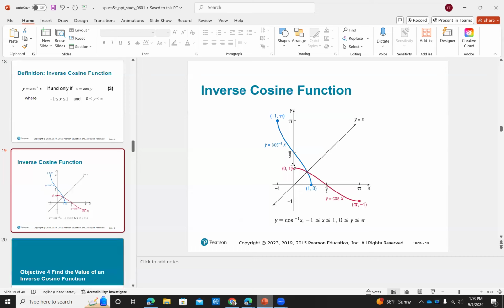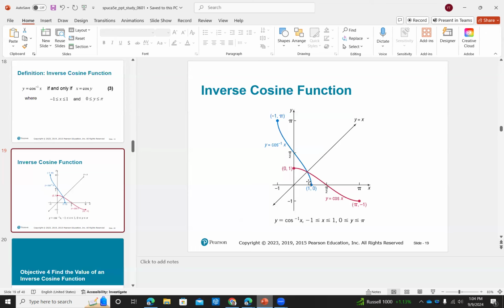So the red one is here, the original graph of cosine of x, and then the blue one is the inverse cosine function. So every point on the red graph, if they switch their x and y value, you will obtain the blue graph. Just like any other function and its inverse pair in math class, the function and its inverse, they're going to be symmetrical to each other by y equals x line.